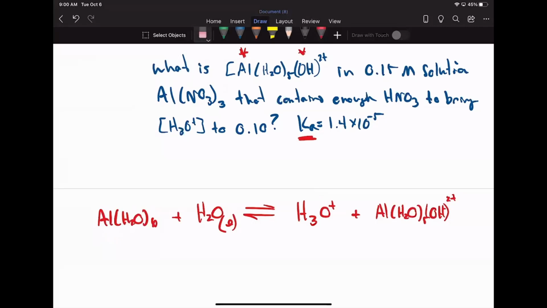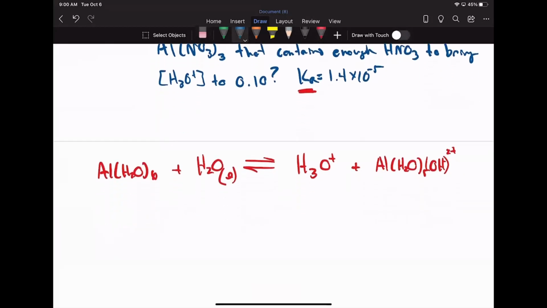I'm going to erase it, but let's write it. If we were given the Kb, I know that I'm going to need some concentration of hydroxide. And because this already has OH here, I know that I'm not going to have that. I'm always going to have water over here, that's a given.